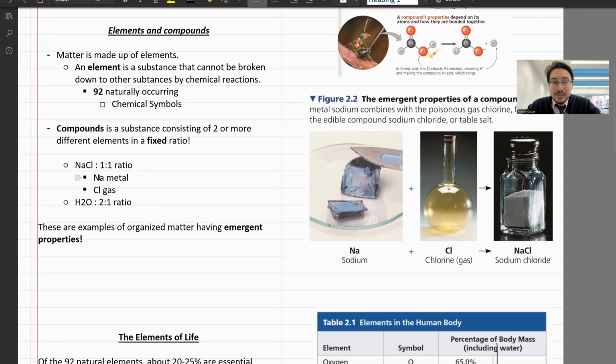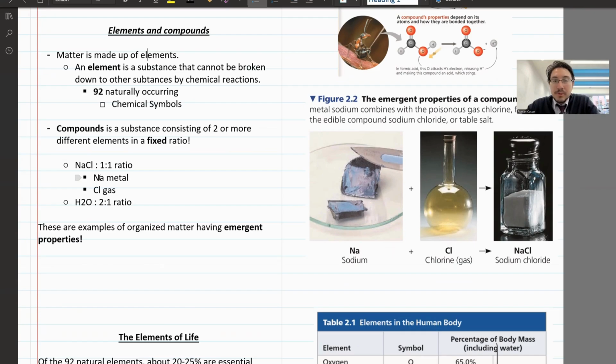Interestingly, as elements interact with other elements, they are able to have different properties. Table salt is a relatively safe thing to ingest, to eat, everyone eats it all the time. But sodium in itself is a metal, a highly explosive metal.